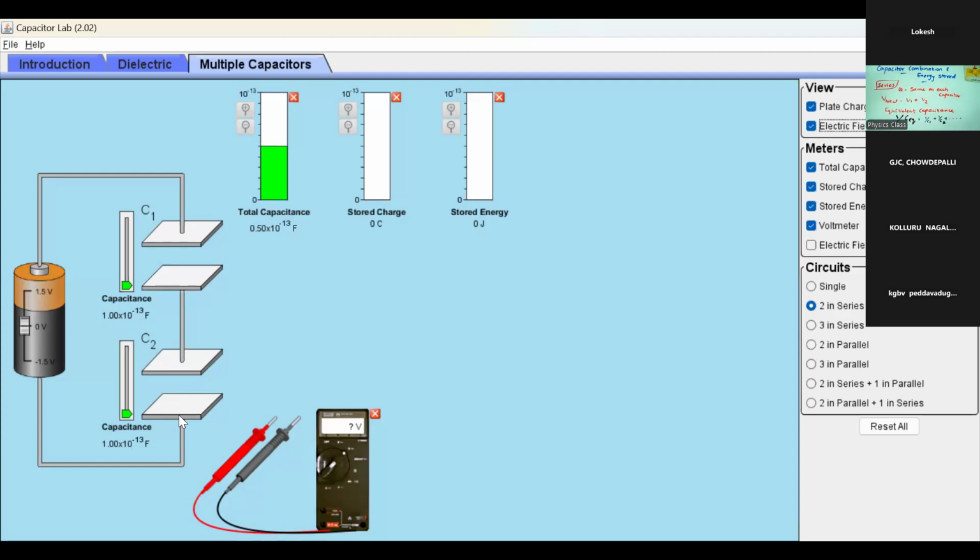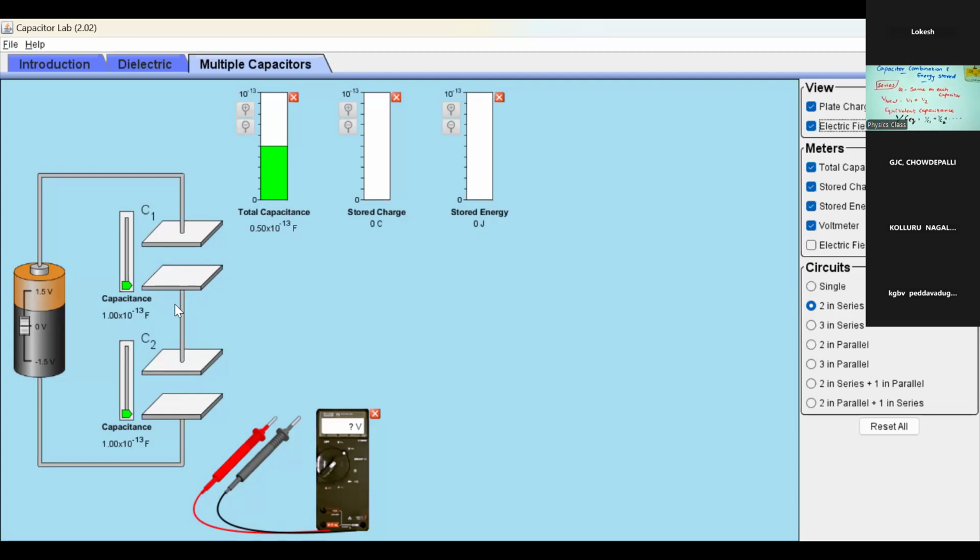The equivalent capacitance, that means total capacitance. Already I told you that 1 by C equivalent is equal to 1 by C1 plus 1 by C2. So 1 by C1 means 1 by 1, and 1 by C2 means 1 by 1.